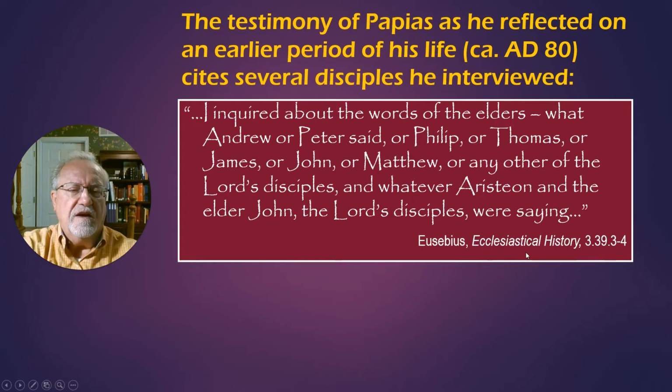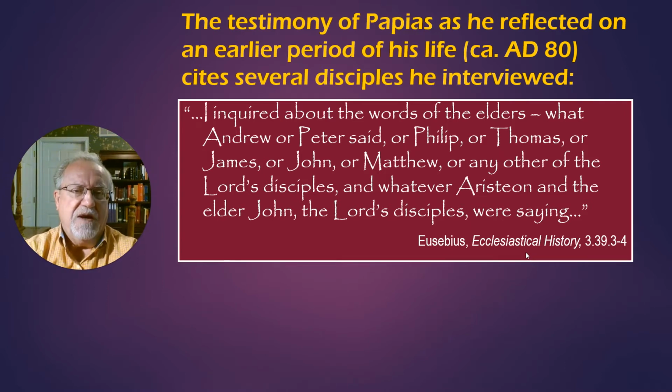Now, this is recorded in Eusebius' Ecclesiastical History, which is the earliest history, at least full history of the early Christians. Eusebius, of course, is later than this time, but he is collecting the ancient texts and the ancient descriptions of earlier people who had been important for the history of the early church. And so this is what Papias says.